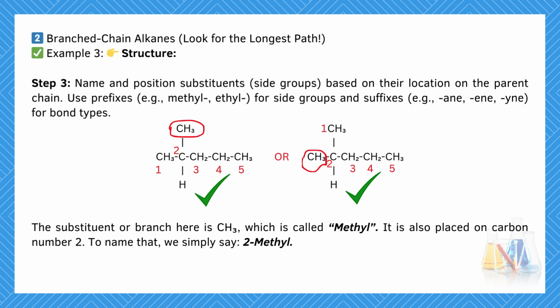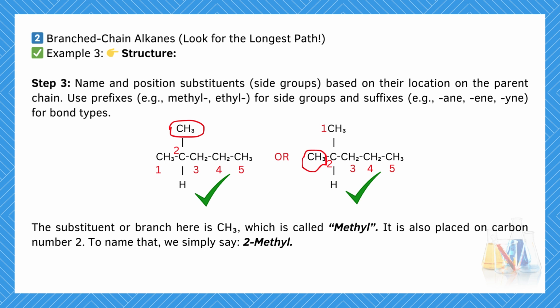So the next thing now is step number 3. Name and position the substituents based on their location on the parent chain. So now use your prefixes methyl and ethyl for side groups, and then use the suffix ane, ene, and yne for bond types. Now, what type of substituent do we have?